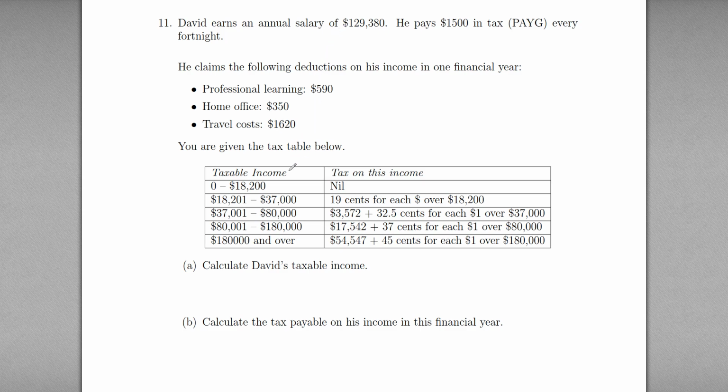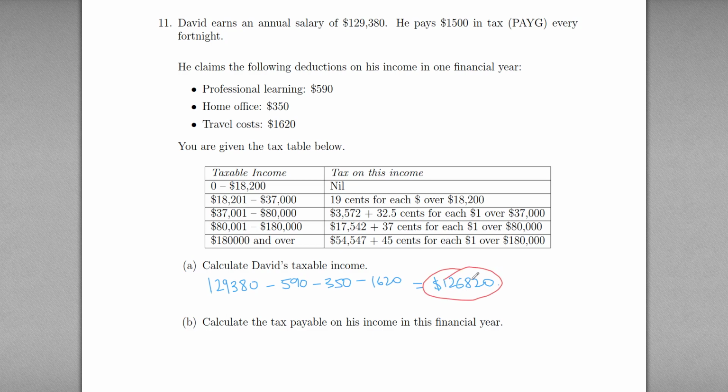So the answer will be to take 129,380 and subtract all of these deductions. So 590, 350, 1620. All of them going to go away. So 129,380 minus 590 minus 350 minus 1620, and I get 126,820.